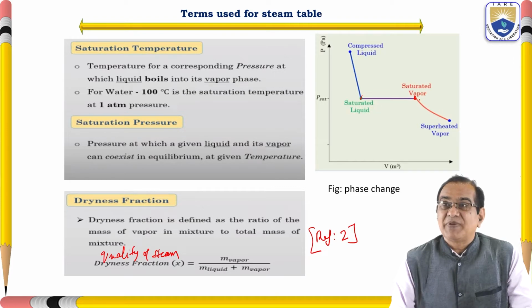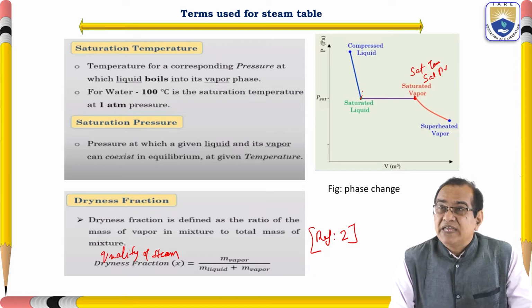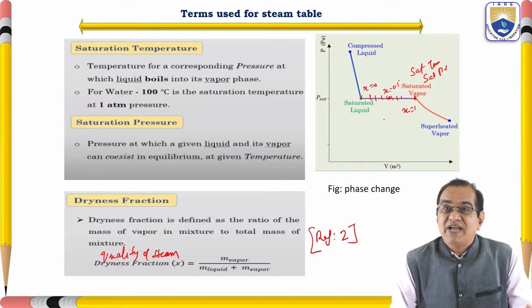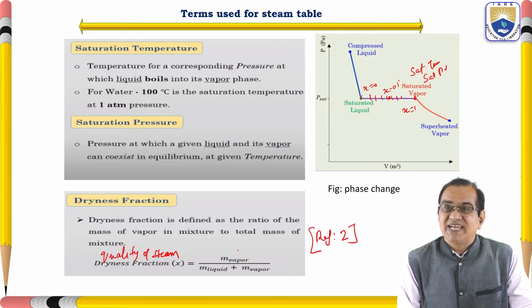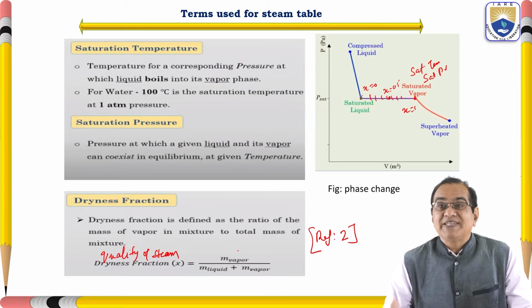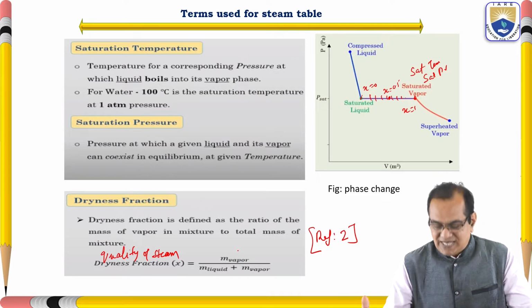So the saturated temperature is here, and this is called the saturated pressure. Here the dryness fraction X is equal to 0 and here X is equal to 1. If it is in between, say X is equal to 0.5, like this you can find out the quality X or the dryness fraction. It is defined as the mass of the vapor divided by the total mass, and this total mass is the summation of m liquid plus m vapor.